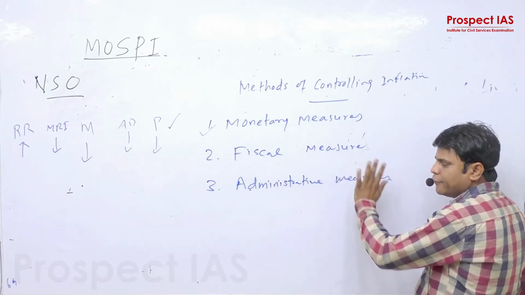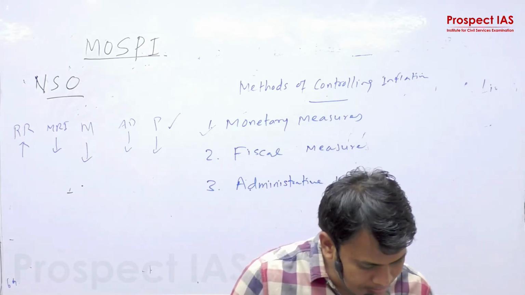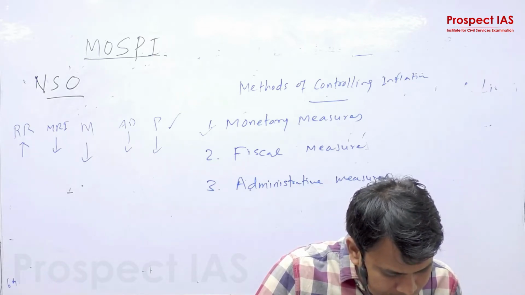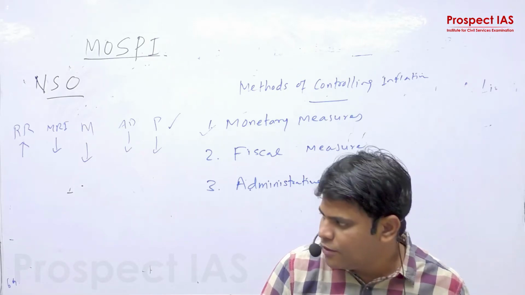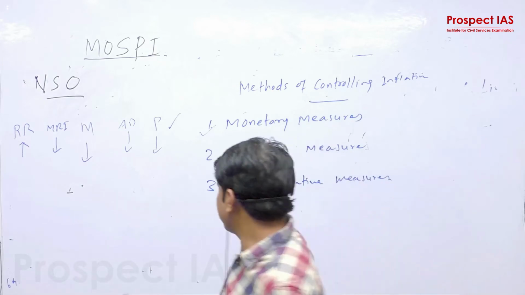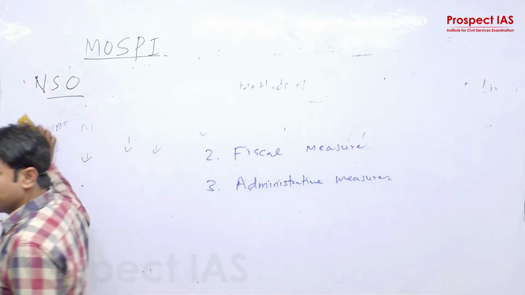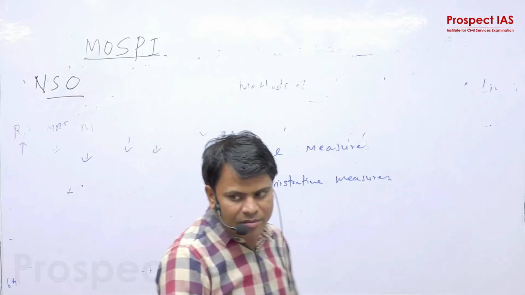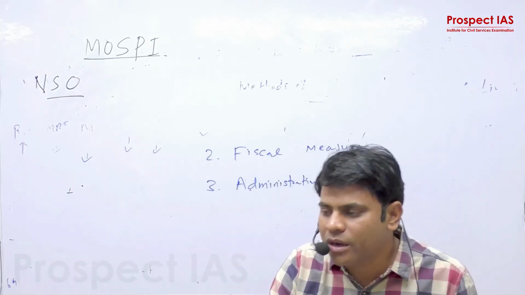The first one is fiscal measures. देखिए, fiscal measures. ठीक है. Fiscal measures are used by government, है ना? Fiscal measures are used by government to control inflation.